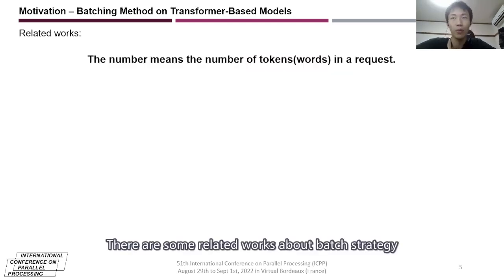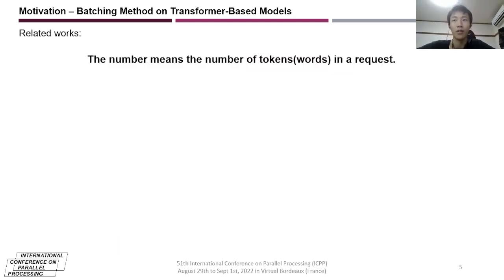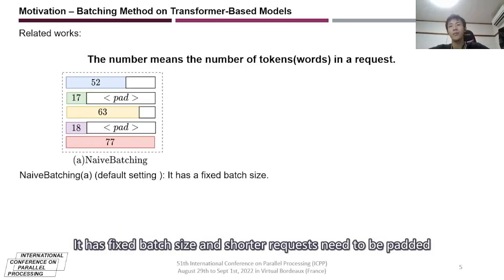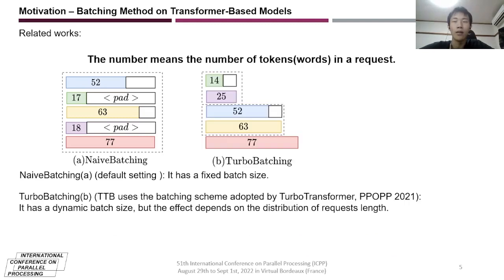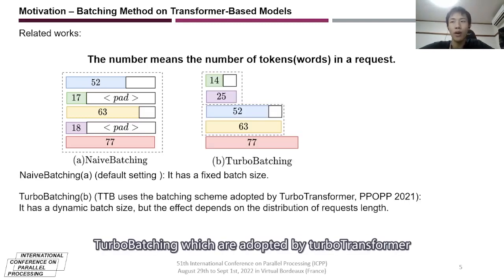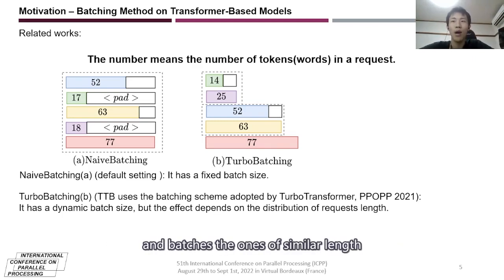There are some related works about batch strategy. The first is the default setting. It has a fixed batch size and shorter requests need to be padded. To reduce the overhead incurred by zero padding, turbo batching, which is adopted by Turbo Transformer, reorders requests according to their length and batches the ones of similar length.